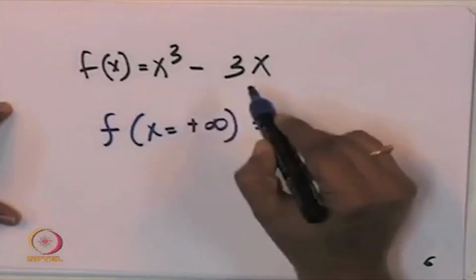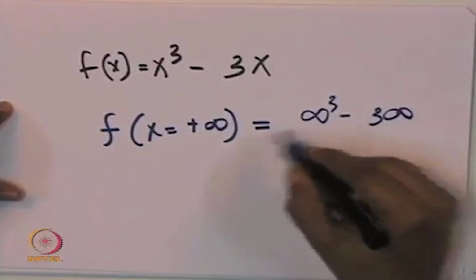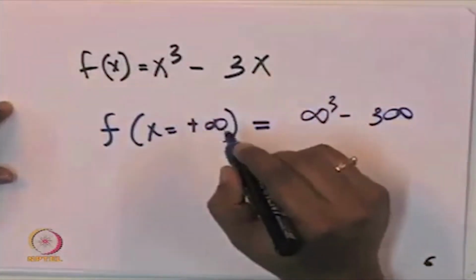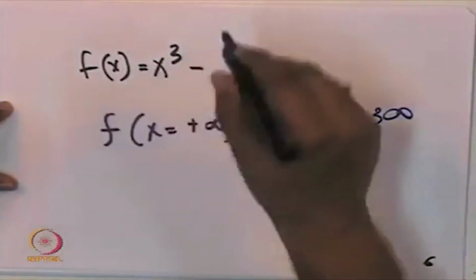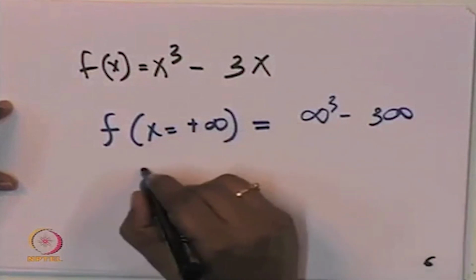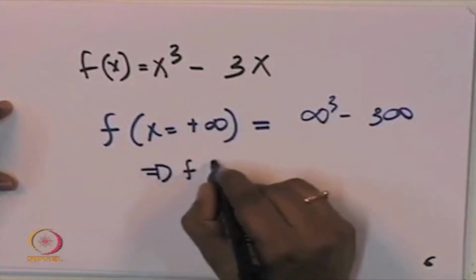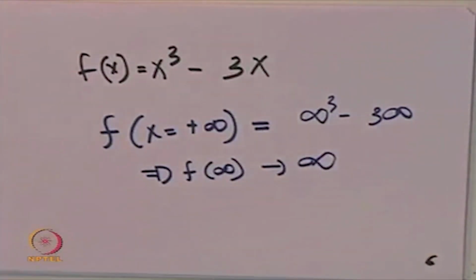So, infinity cube minus 3 times infinity. You know that infinity cubed will be like infinity. So, in the limit x going to infinity, where x is very large, f of infinity will go to infinity. As x tends to infinity, this function is likely to go to infinity.